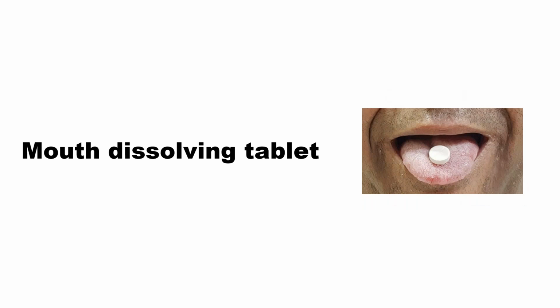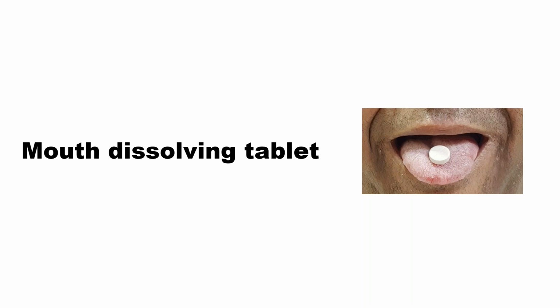Now coming to the mouth dissolving tablet, these are readily soluble when placed over the tongue, and the saliva in the mouth alone is sometimes sufficient to dissolve these tablets on the tongue itself. They are pleasantly flavored.